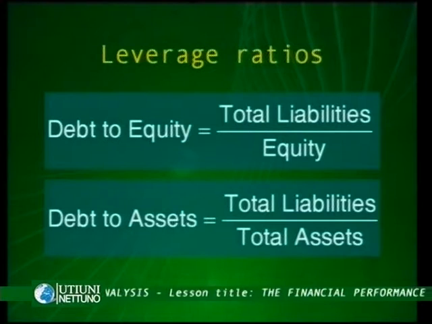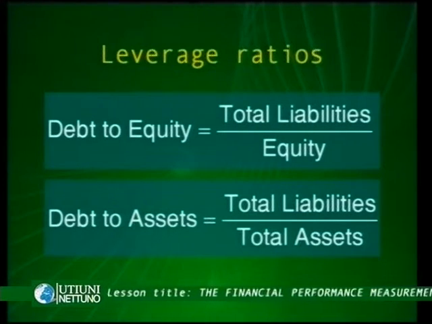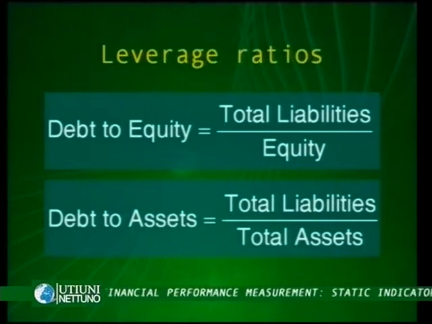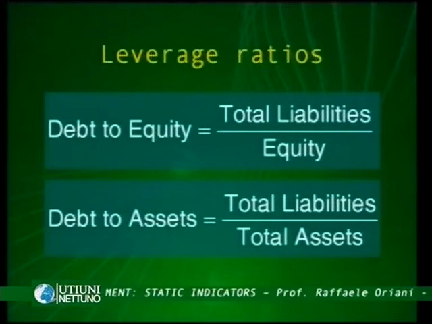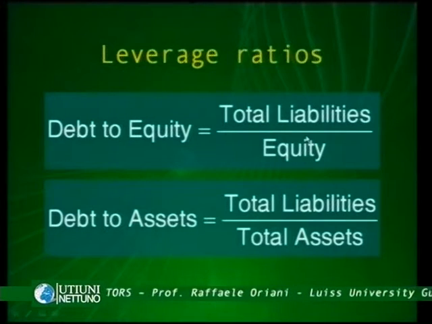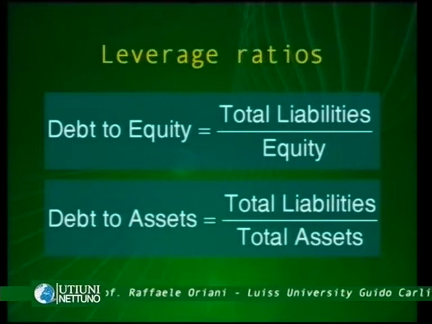Another category are the leverage ratios: the debt to equity and debt to assets that are represented in these slides, and then the fixed assets coverage and debt service coverage that will be described in the next slides. The debt to equity, the first ratio on this page, is calculated as the ratio between total liabilities and equity.